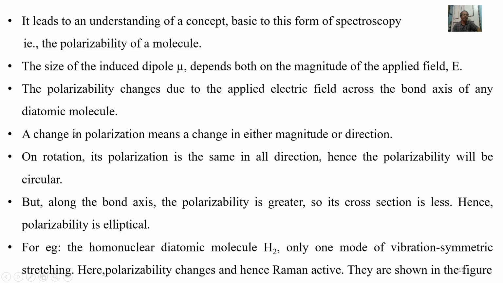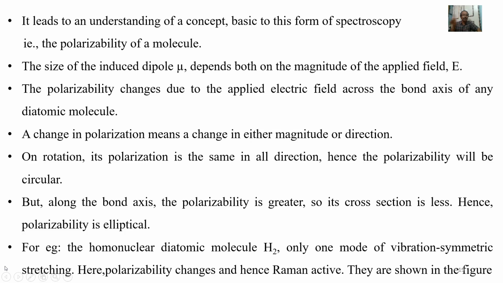A change in polarization means a change in either magnitude or direction. On rotation, its polarization is the same in all directions. Hence, the polarizability will be circular. But along the bond axis, the polarizability is greater, so its cross-section is less. Hence, the polarizability is elliptical.